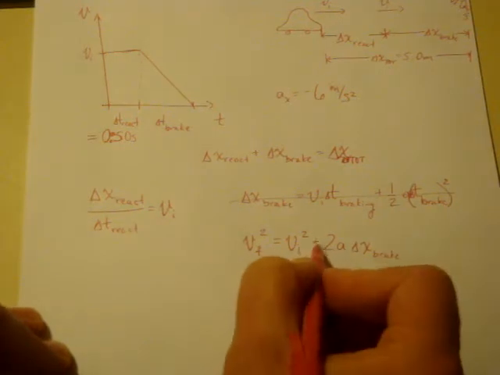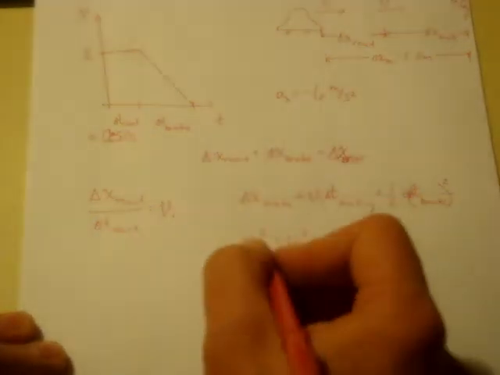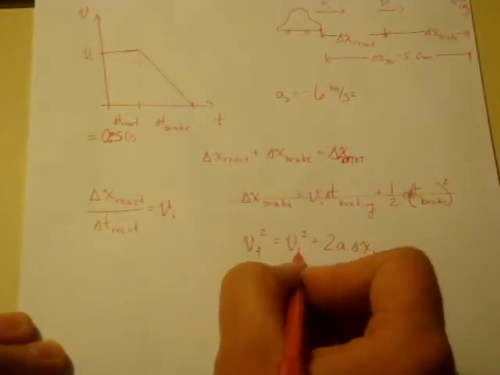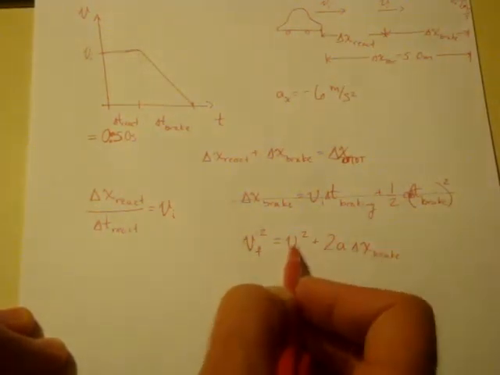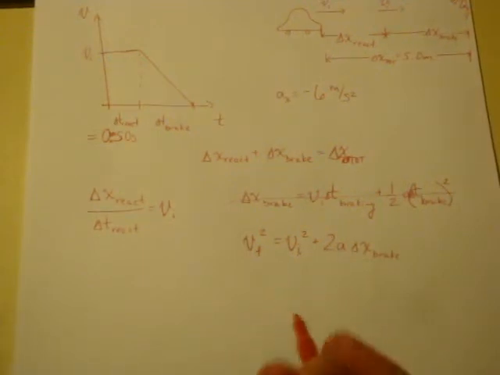And this is still positive, even though we're going to plug in a negative value for the acceleration. Now we know that the final velocity here is going to be 0, and the initial velocity is an unknown. So we have two unknowns here, two unknowns here, and two unknowns here. That should leave few enough unknowns that we can actually solve this expression.